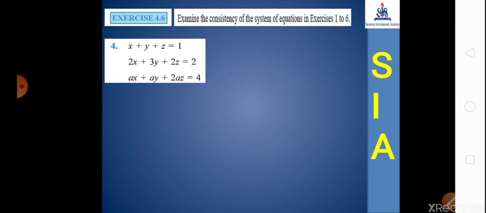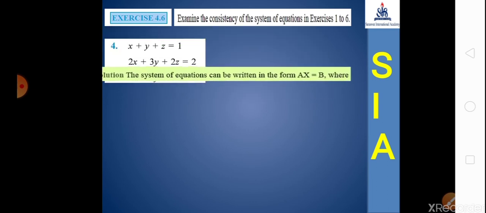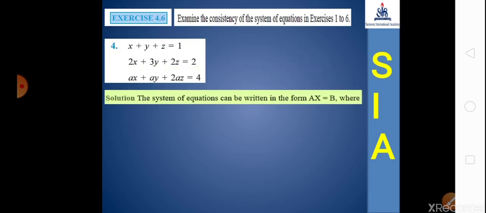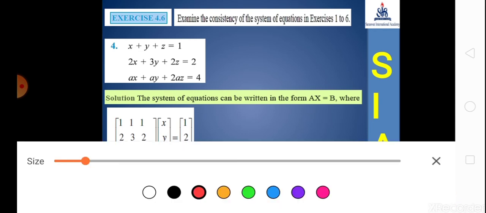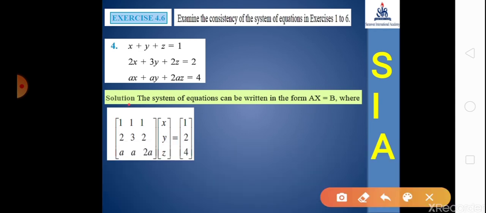Fourth has three equations given. Same operation, converting to AX equals B, and I just move to represent it in matrix multiplication form. You must take here all the coefficients. These all are the coefficients of x, y and z in the given equations. Clear?